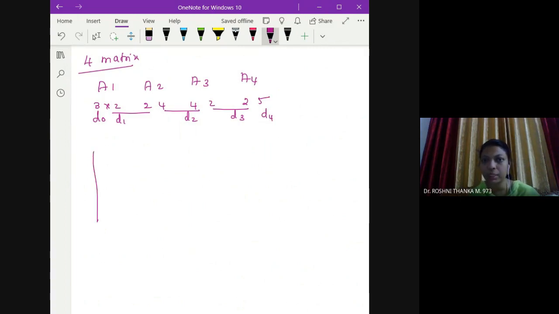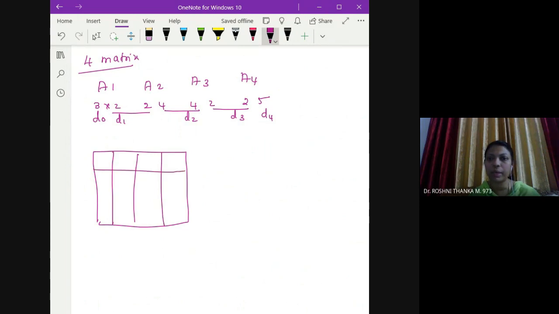So here it is 4 matrices, right? So for that, let me take 4 rows and 4 columns. So this is 1, 2, 3, and 4 columns. Then we have 1, 2, 3, 4 rows as well. We start from 1, 2, 3, 4, and here also 1, 2, 3, 4.